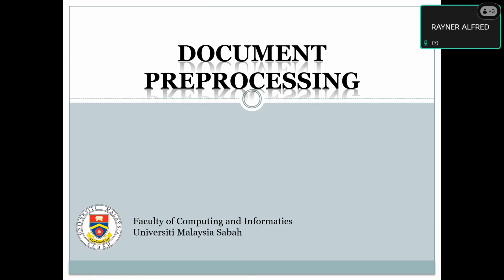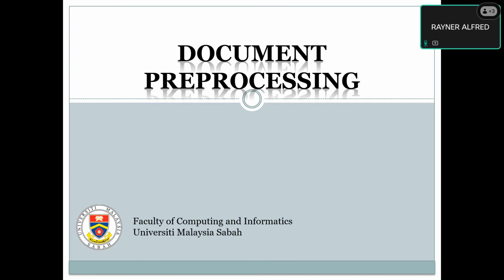Okay. So the last one is, once we know how to compute the similarity between two words or two documents, we can determine which term that we want to include in the term document matrix.